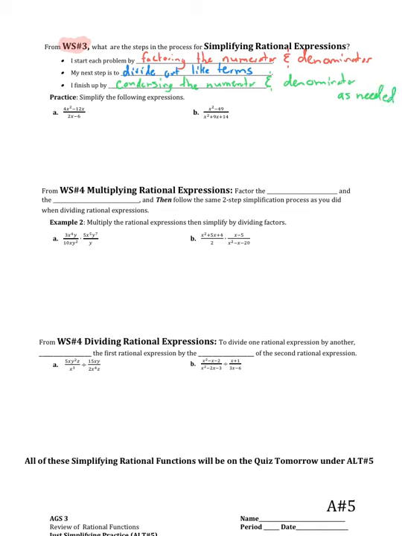Maybe you don't need to do any condensing, maybe you do need to do some. But that's the last step. Make sure you condense as needed. So I got two practice problems here. You want to simplify those problems.